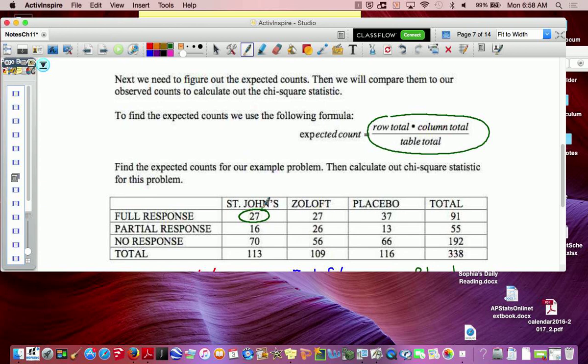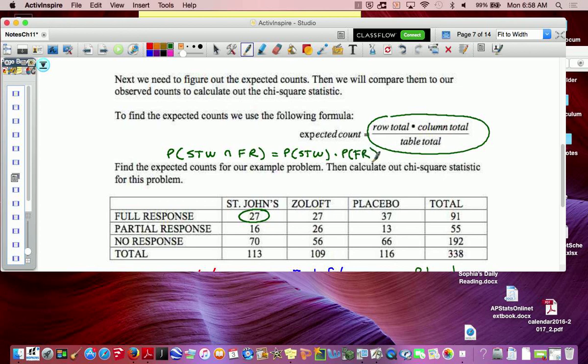We take a look at the probability of St. John's wort and full response, which should equal the probability of having someone with St. John's wort times the probability of them having a full response.